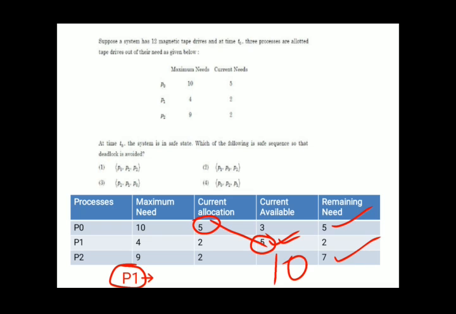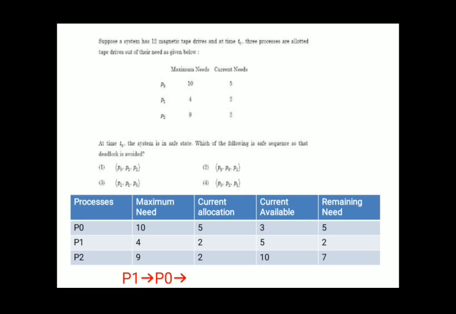P0 has already finished its work, so we add P0 after P1. Now the current available resources are 10, and the process left is P2.